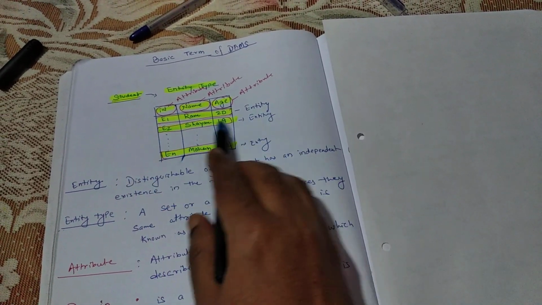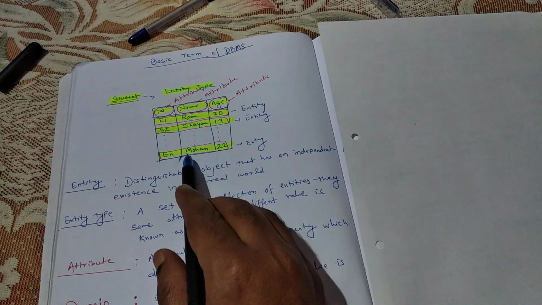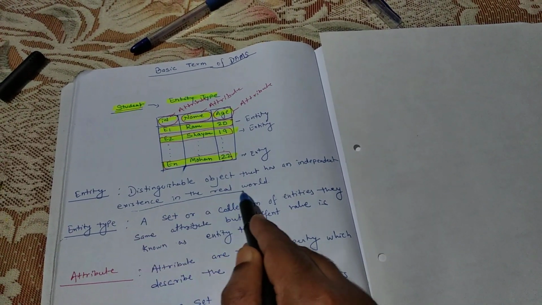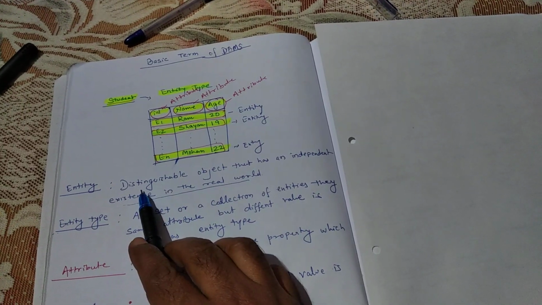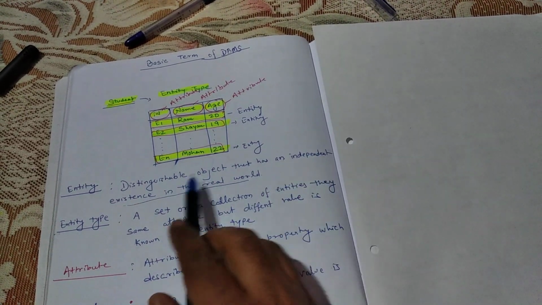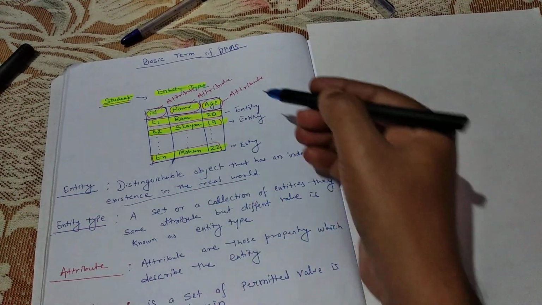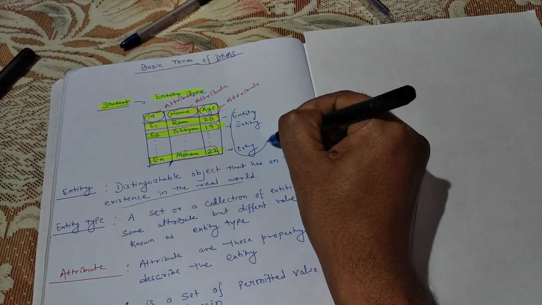So these are all students having their existence in the real world. So they are distinguishable objects that have an independent existence in the real world. It's called an entity. So they are entities.